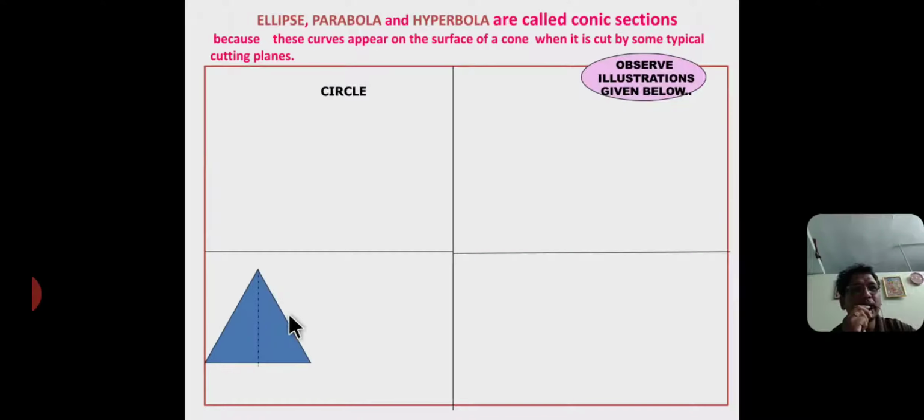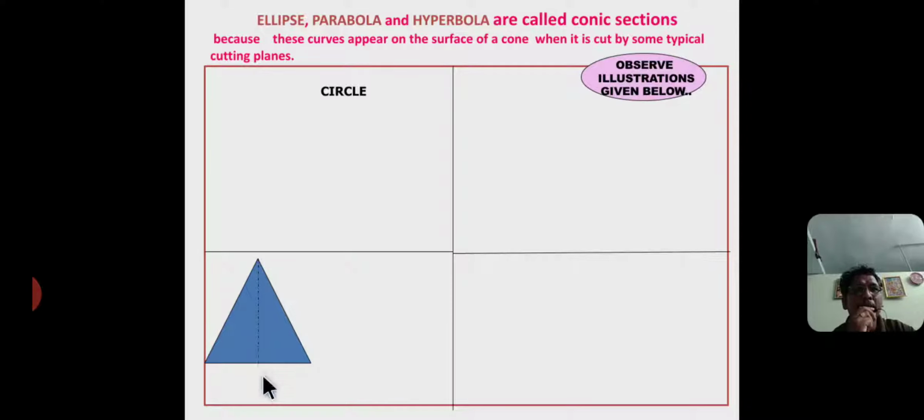So conic sections appear on the surface of a cone. Therefore, I consider a cone. So this is the cone. The bottom horizontal line is called the base of a cone, and these slant edges are called generators of the cone, and the top sharp point is called apex.